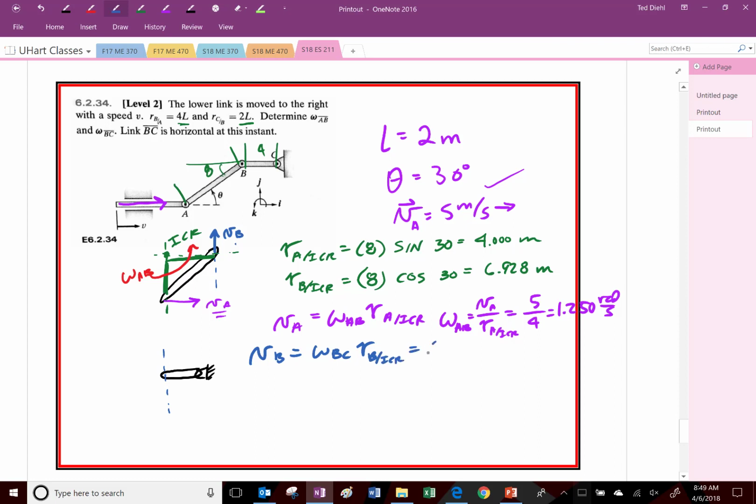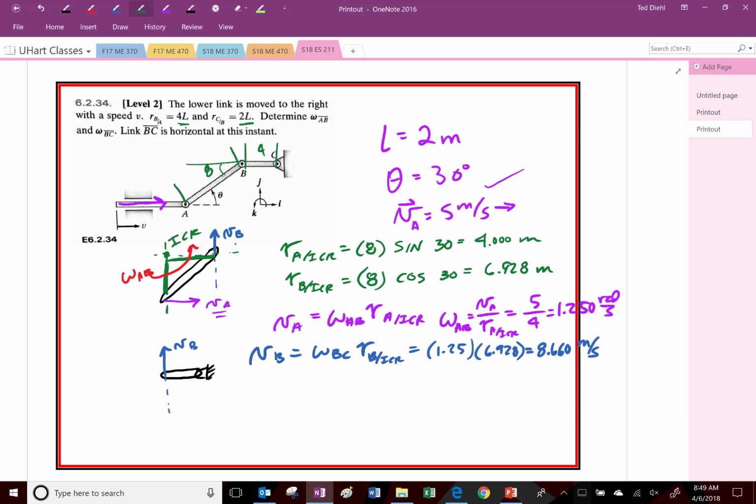So that just becomes that 1.25 times 6.928, or 8.660 meters per second. And we know that it's going to go upwards right here. Shown in both places, that's VB on that linkage.